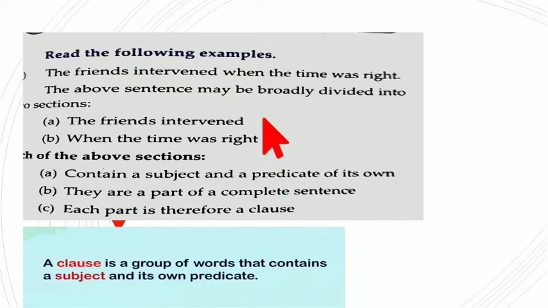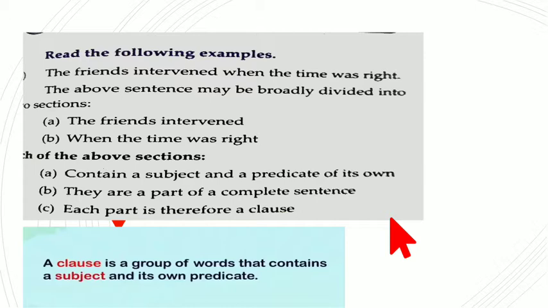Correct? Each of the above sections contains a subject and a predicate of its own. They are part of a complete sentence. Each part is therefore a clause.